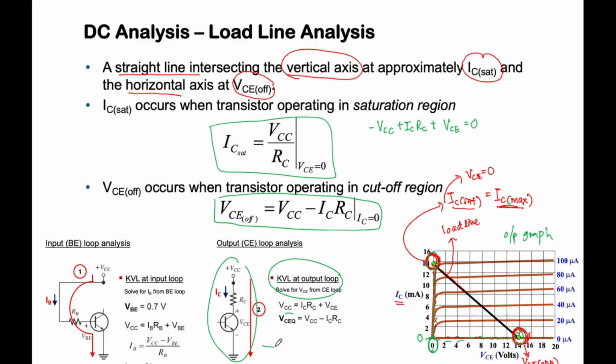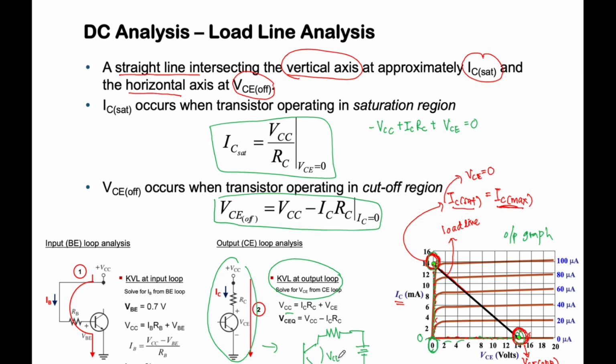I think I did show you how to draw this. Sometimes it's very difficult to see the loop in this particular part. So this is your VCC, and this connects to ground, so your emitter is going to ground.